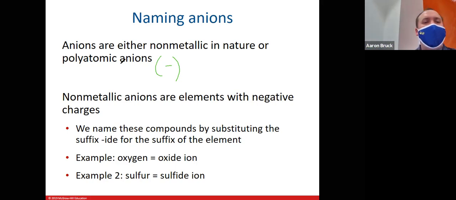They can either be non-metallic monoatomic ions, like your sulfur ion, your sulfide, your oxide, your selenide, your halogenide, so halides like fluoride, chloride, bromide, or they're polyatomic anions, things like carbonate, oxalate, nitrate, nitrite.